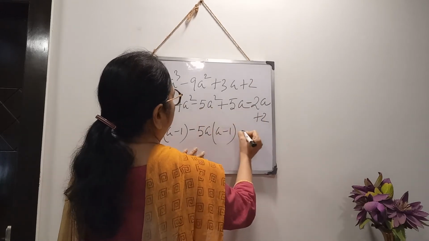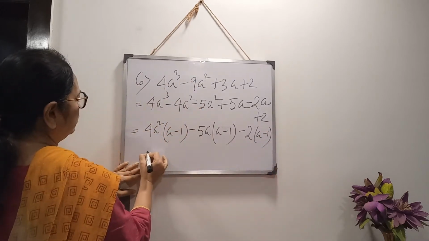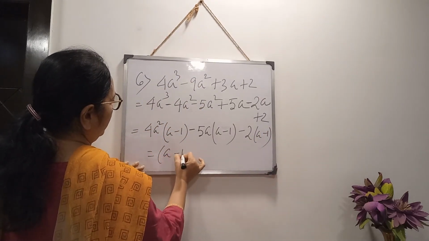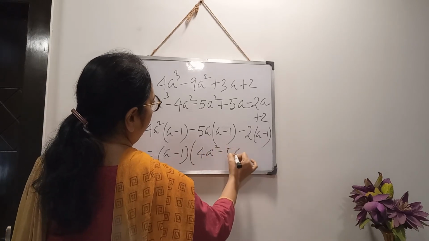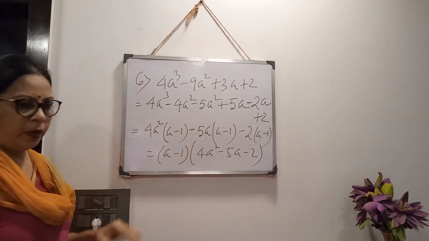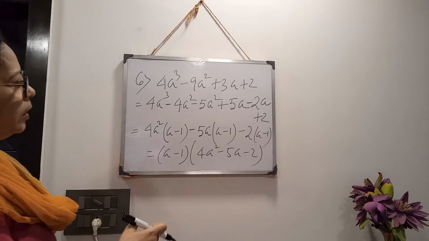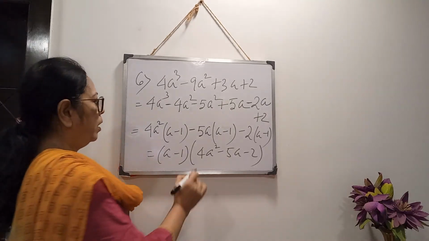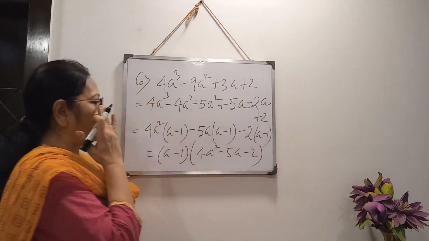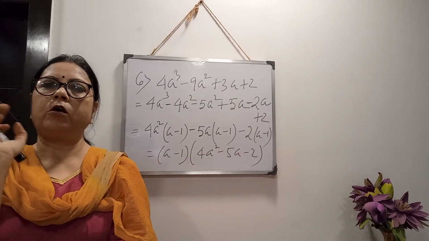Now up to this I have done, then minus 2 take common, a minus 1. Now see, one factor is coming, a minus 1. Clear? Now this is minus 5a minus 2. Then I have told you that you have to check here whether the middle term is possible or not. 4 2s are 8. From 8 you have to bring 5. It is not possible.